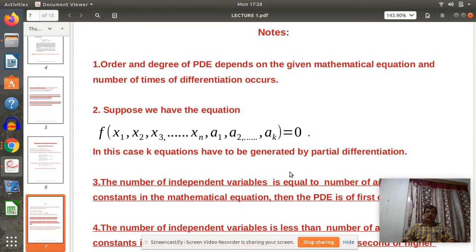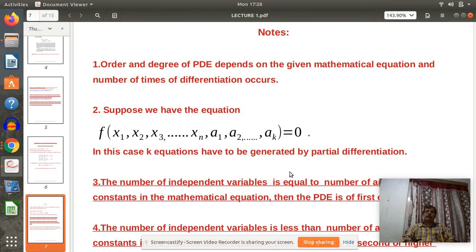Second point: suppose we have an equation f of x1, x2, x3, etc., xn, a1, a2, a3, etc., ak equal to 0. That is an equation with n independent variables and k arbitrary constants. In this case, k equations have to be generated by partial differentiation.